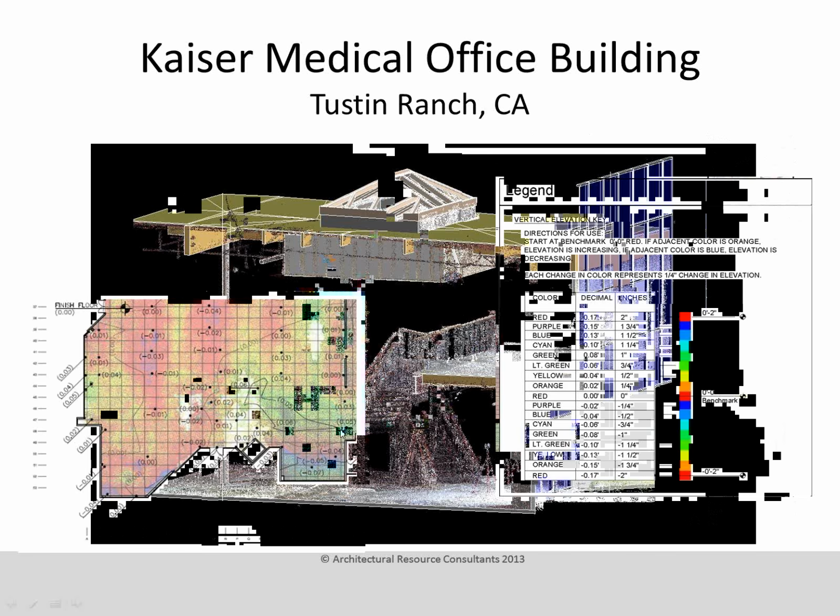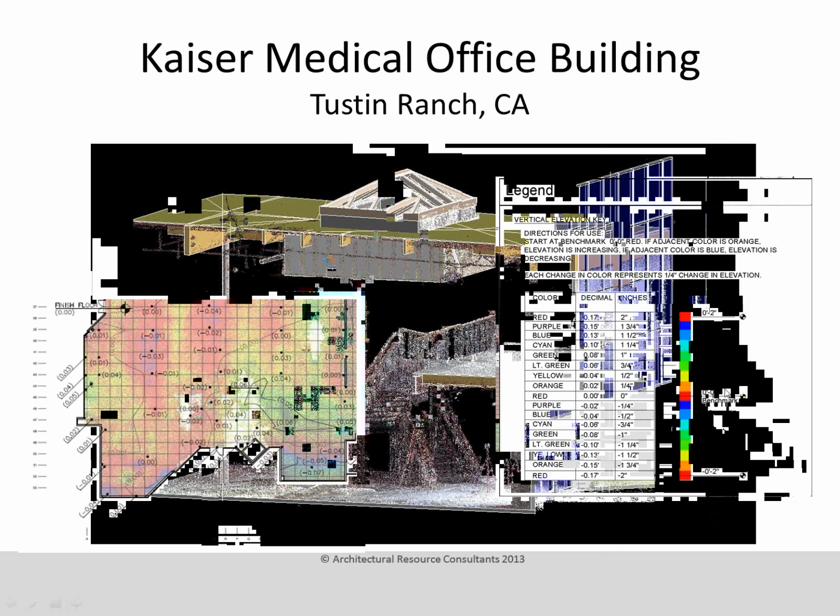Now the way this works is the different colors represent different heights of the floor slab, and we set a benchmark. Benchmark could be anywhere, really, and in this case we just called this 0.00, and it's a floor finish of 0 feet 0 inches. That's our benchmark.